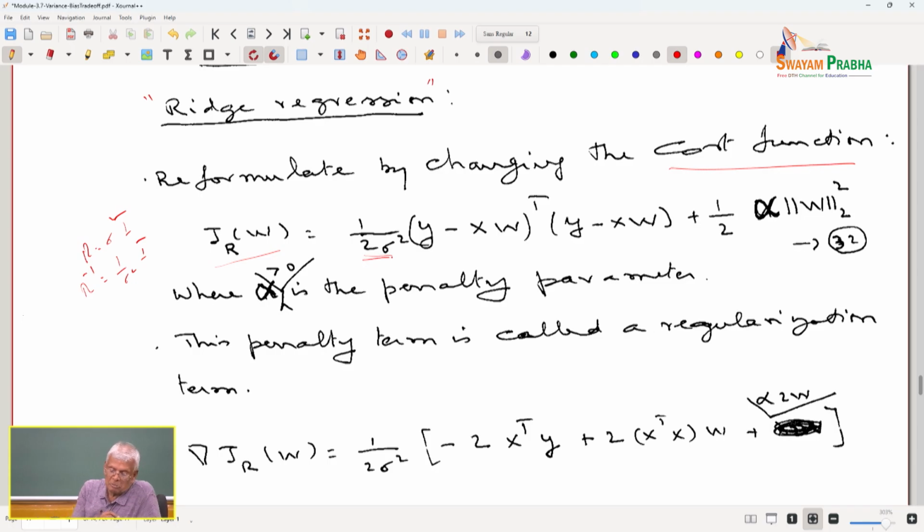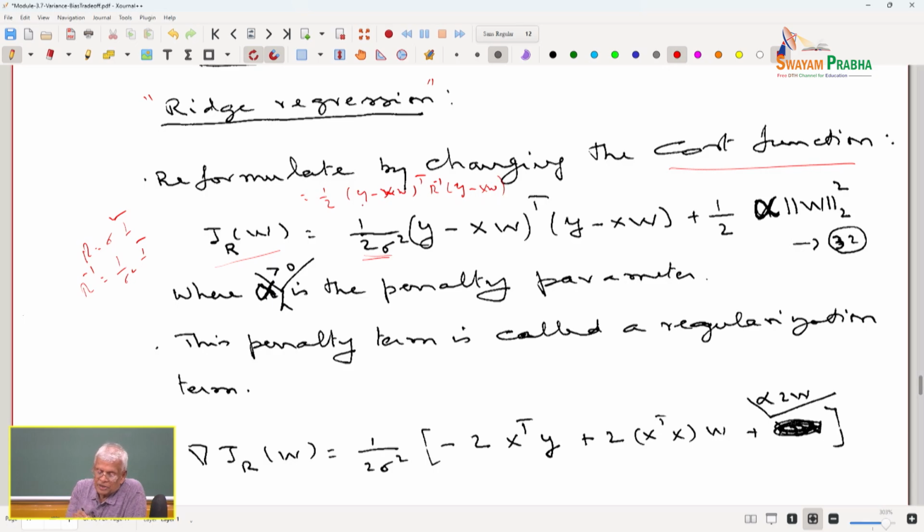So, what is my objective function? My objective function is equal to 1/2 of (y minus xw) transpose R inverse (y minus xw).